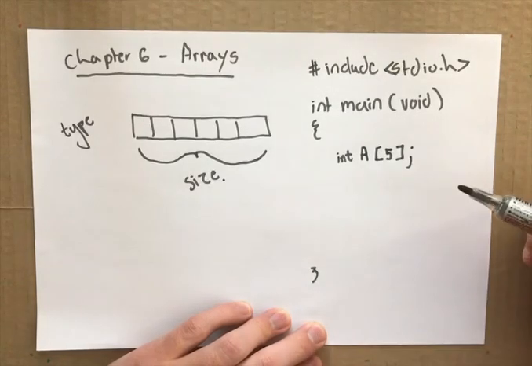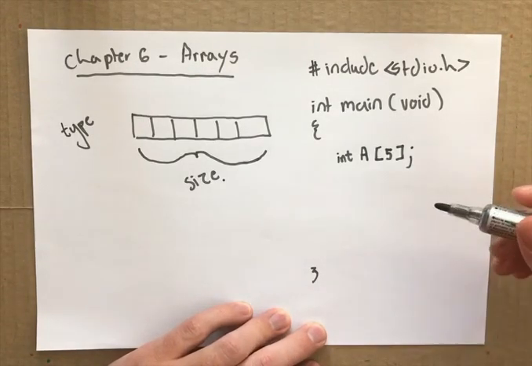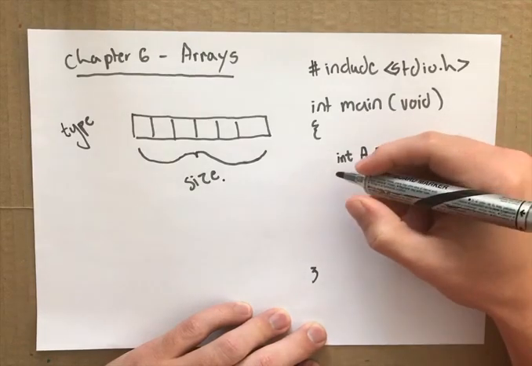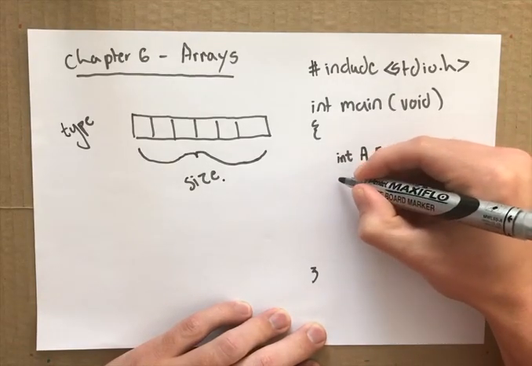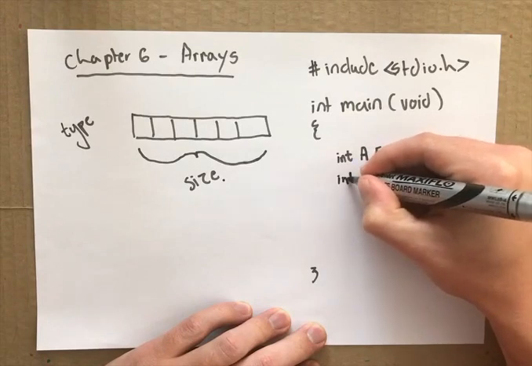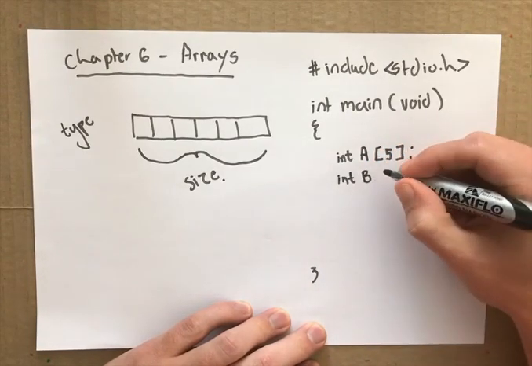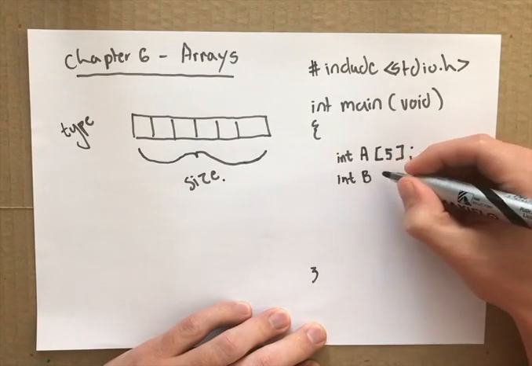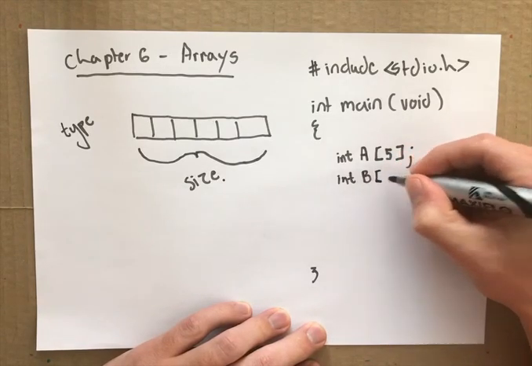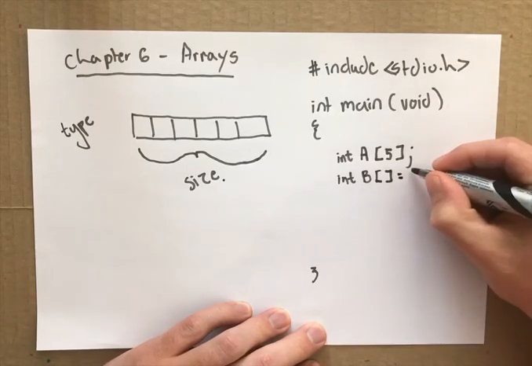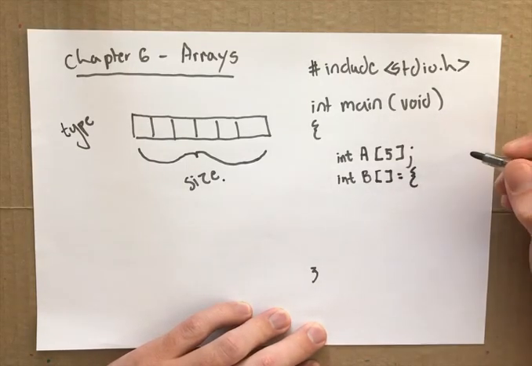Then there's multiple ways of also defining an array. This is our normal standard way, and then there's also a way of defining an array. Let's call this array B of type int. We don't explicitly tell the size now, but then we can give the array default values.